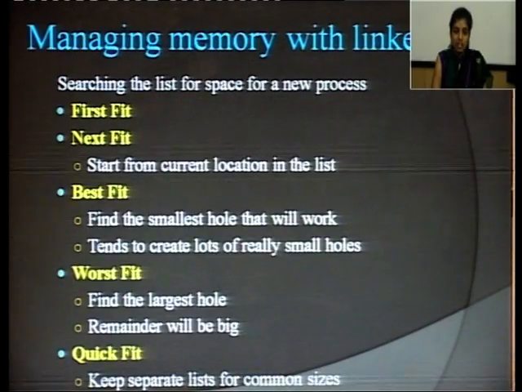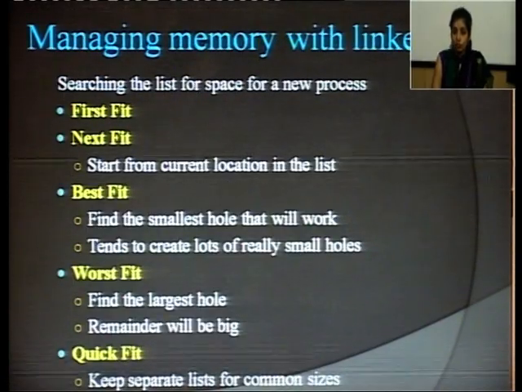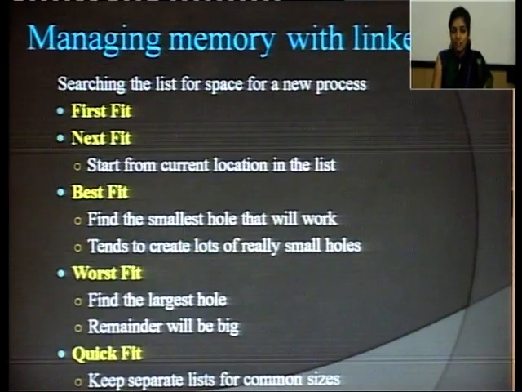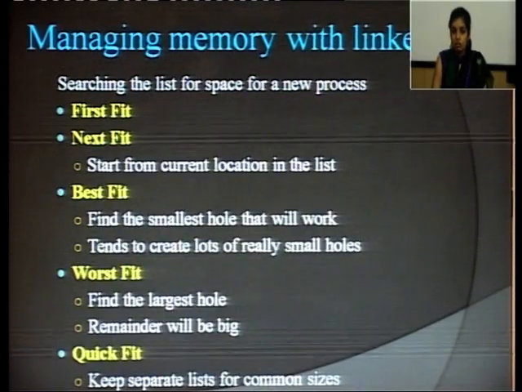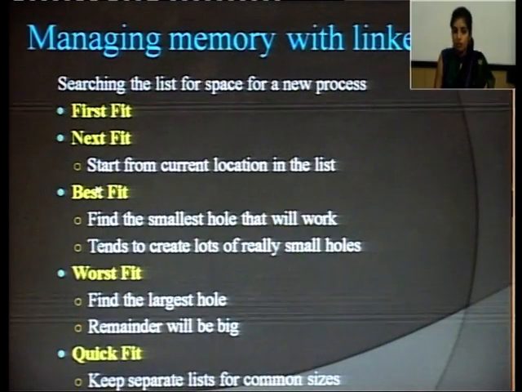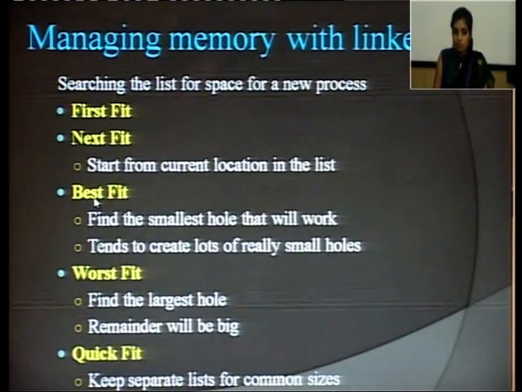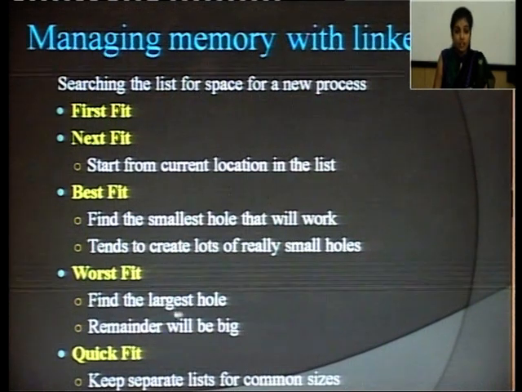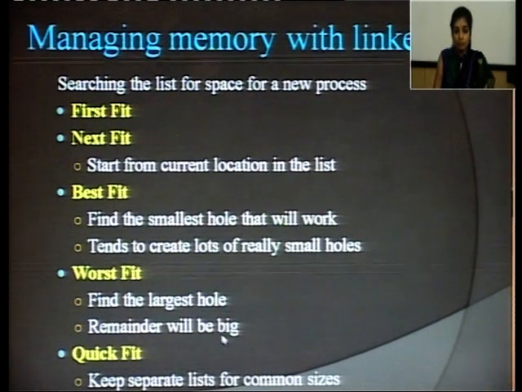If there is any space equal to or greater than 50 kilobytes, the smallest such space is allocated to that process. Worst fit finds the largest hole, so the remainder will be big.